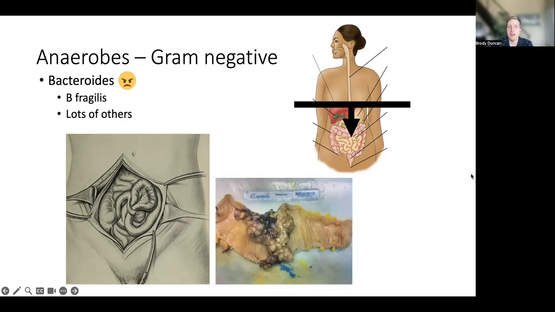So for example, if you have a colon cancer, and then that perforates the intestinal lining, you can have spillage of stool along with these anaerobic bacteria into your intestinal tract, and then you can have quite severe infections because of that. In fact, this is so common that when doctors talk about anaerobic coverage, for example, adding antibiotics like metronidazole, they are often specifically talking about covering Bacteroides fragilis and the bacteria like it, because they are resistant to a lot of our more common antibiotics that we use, like ceftriaxone.